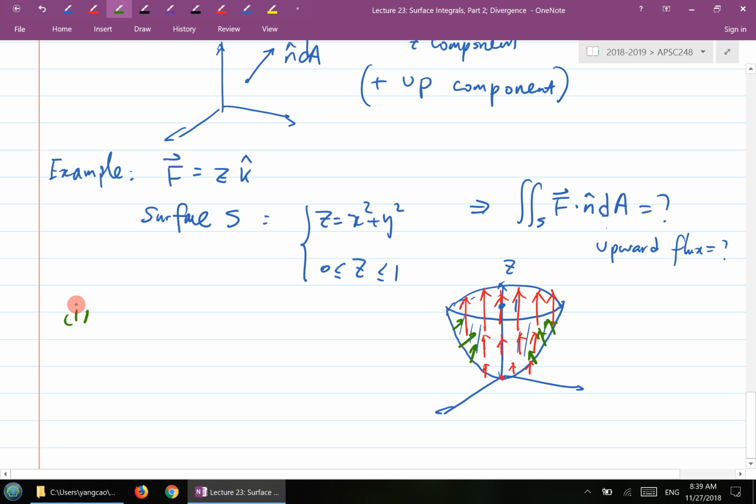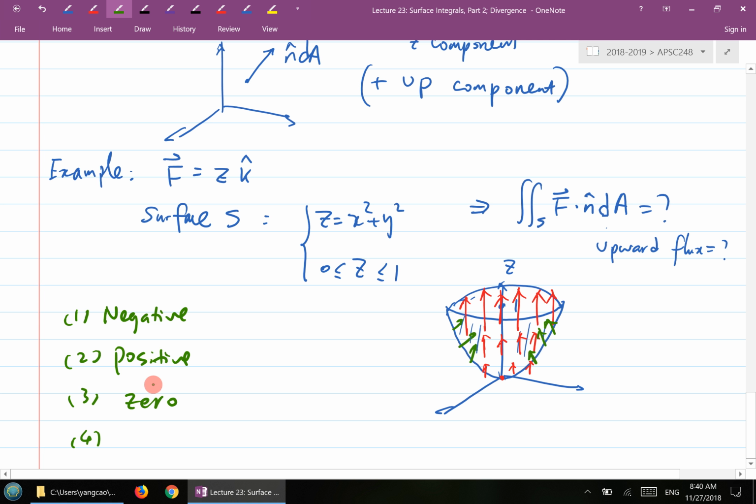Would it be a negative value, or would it be a positive, or maybe a 0, or maybe, I don't know, right? So what do you think is the value of this surface integral, or the flux, for this particular case? Which one would you think?